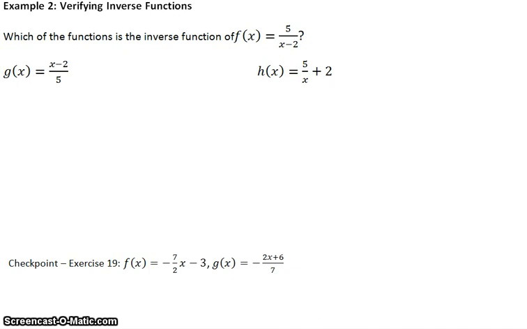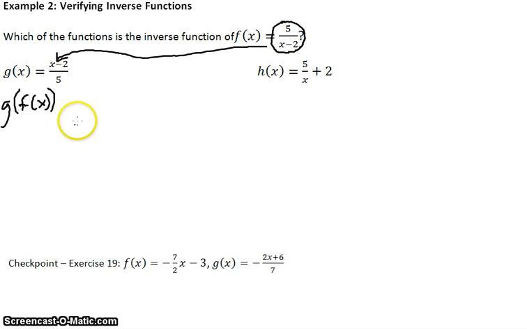So to verify if something's an inverse or not, you see we have this and it says which of the two functions here is an inverse. So what we need to do is take this first one and plug it in for x to see what happens. What this looks like in notation is this, and we're going to see if we have anything that cancels out.